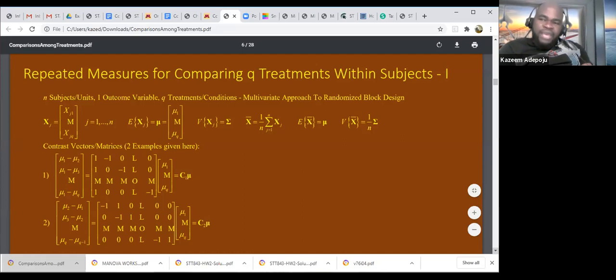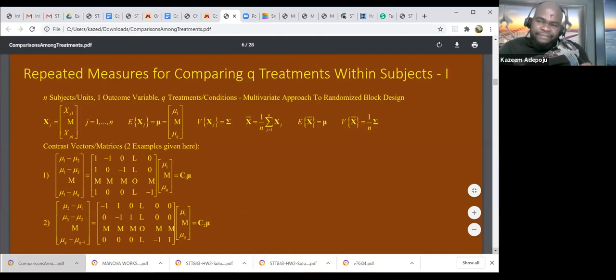If I'm comparing levels of fertilizers on the yield of crops, let's assume I want to compare different levels: A level of fertilizer, B level, C level, and D level.